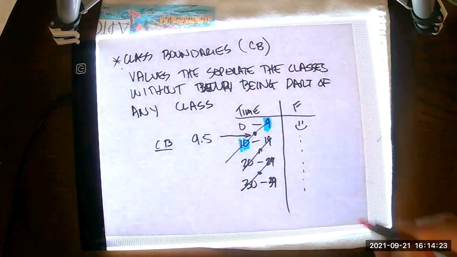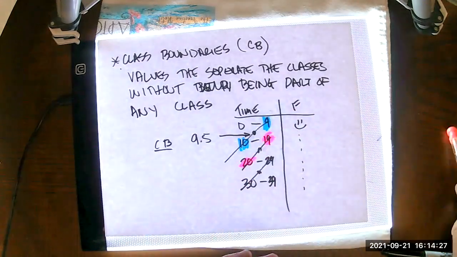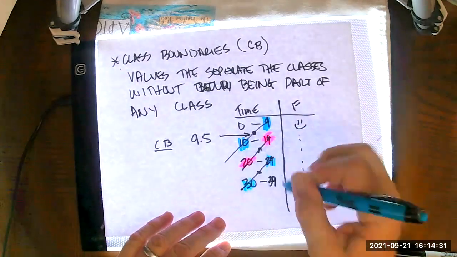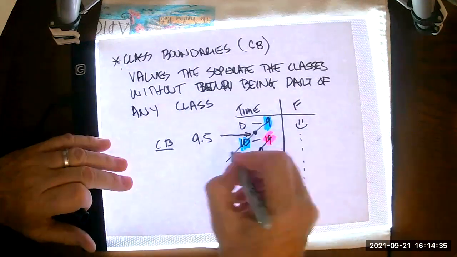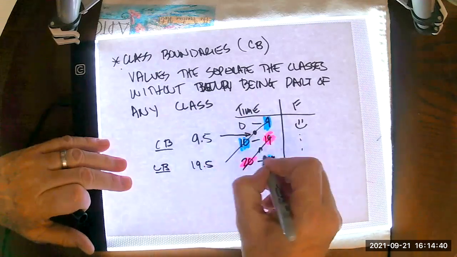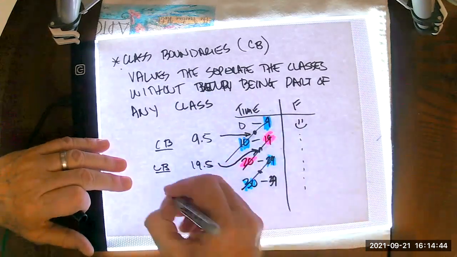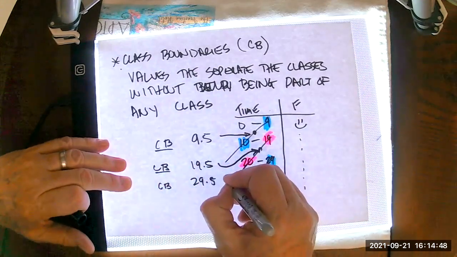We'll do that for each of these pairs. So just like we've been doing here, I've got a 9.5, I've got a class boundary at 19.5, I've got another class boundary at 29.5.